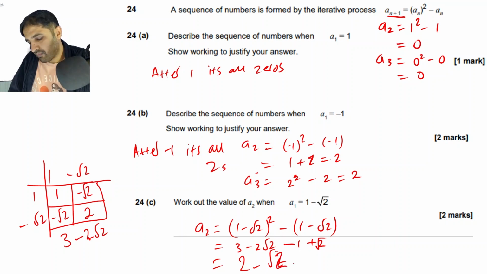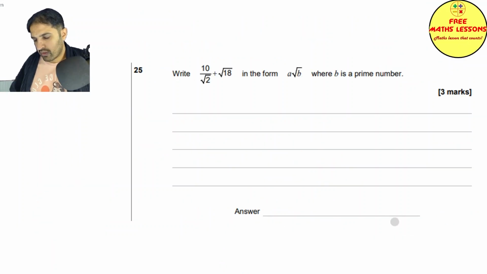So 2 take away root 2. That's the answer we should get for the last part here. Okay. Again, this is slightly confusing at this point. So if you're not getting this, don't worry too much, just look at the surds and the iterative process and revise those. I'm going to be uploading videos on that, but you'll probably have to wait a little while.